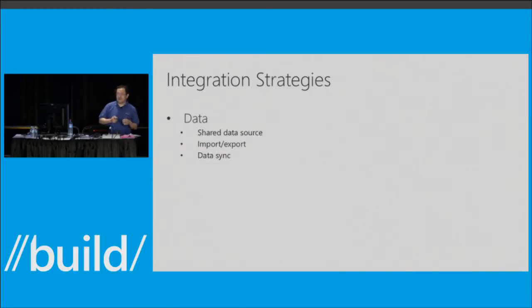And if the schema changes, it affects all the connected systems. Import-export breaks this limitation. Basically, your applications can have different schemas, but import-export often implies that this is a batch operation. This is not a real-time operation. And usually there are some manual steps involved to transfer the data in between.